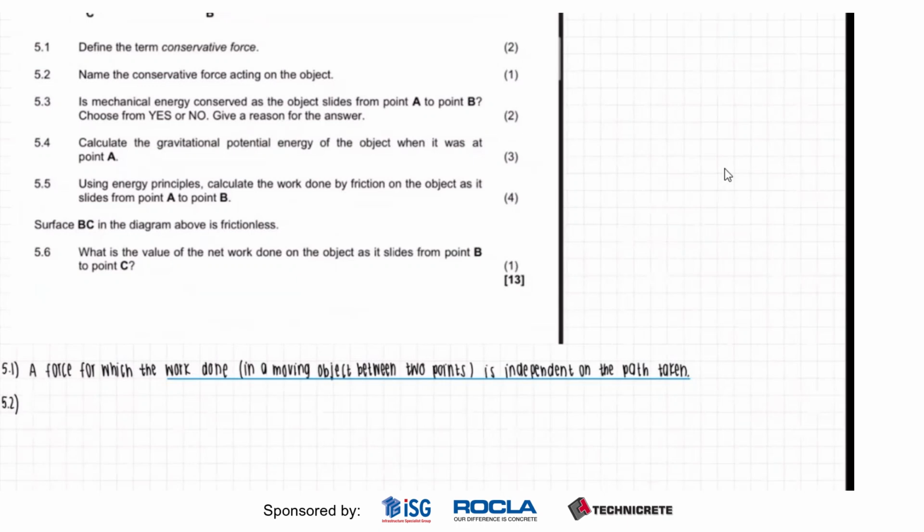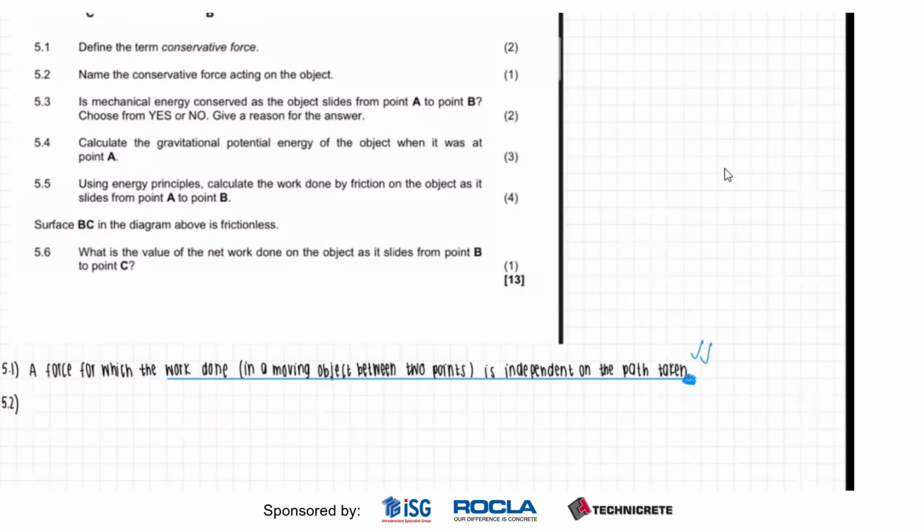Now, this underlined part is what you have to write in order to get your 2 marks. If you don't have that underlined part, they will not give you your 2 marks.